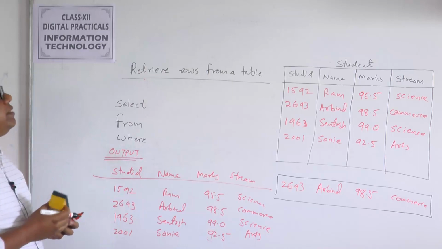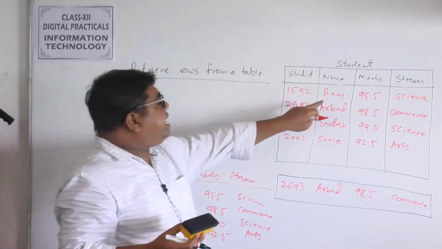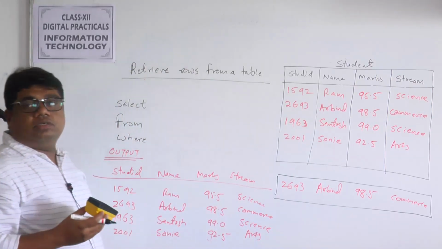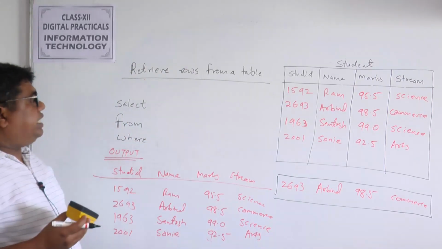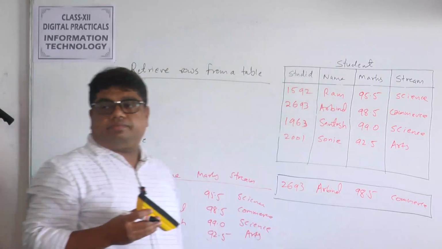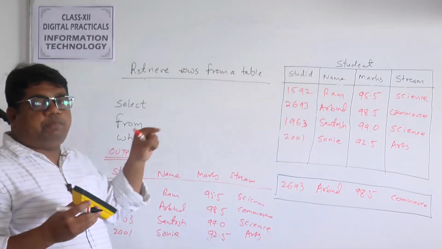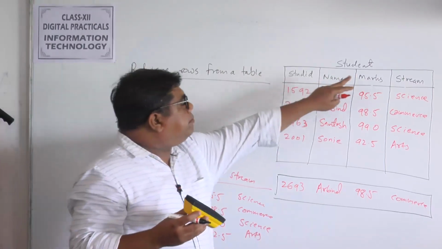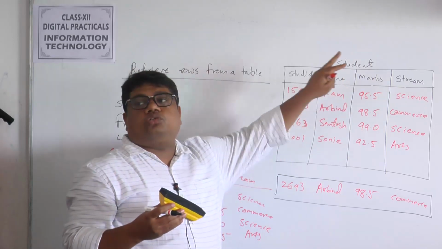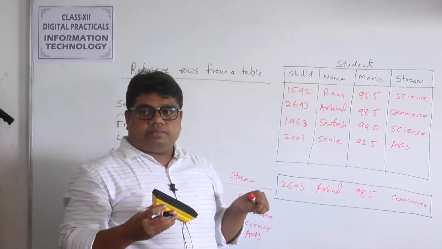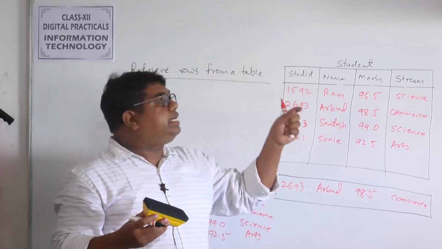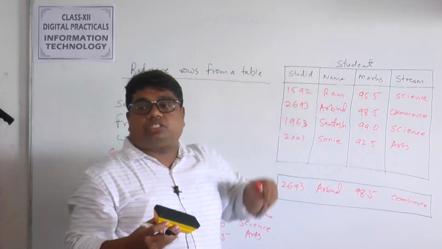Suppose I want to retrieve the name and marks of students whose stream is science. I want to display the name and marks of students who are studying in science. So there is a condition here. And what is the condition? That stream should be science. I want to retrieve those data.